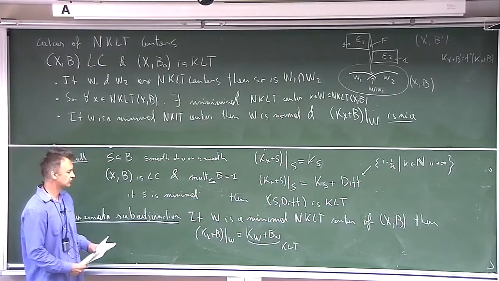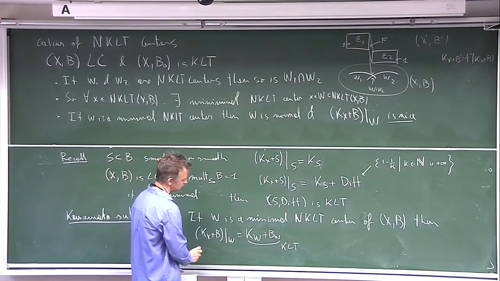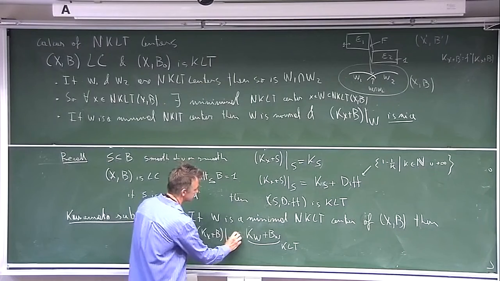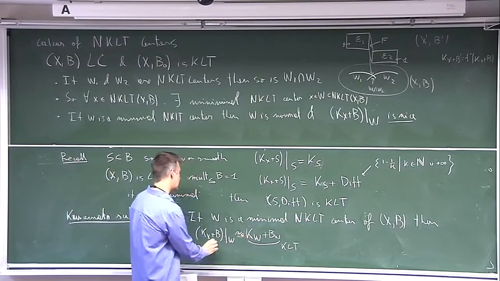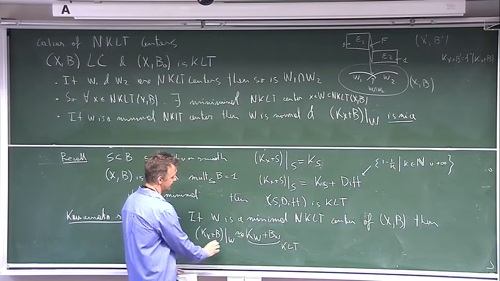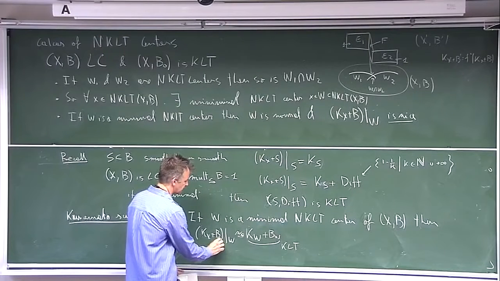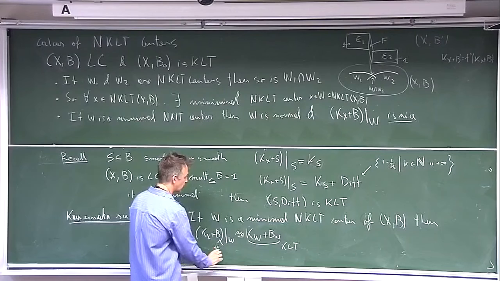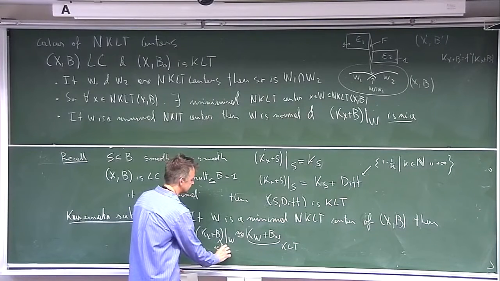In Kawamata's original formulation, first of all, it's not equal, it's Q-linear equivalent. And you actually need to modify this. You need to make things a little bit more flexible. You need to add arbitrary small multiple of an ample divisor.